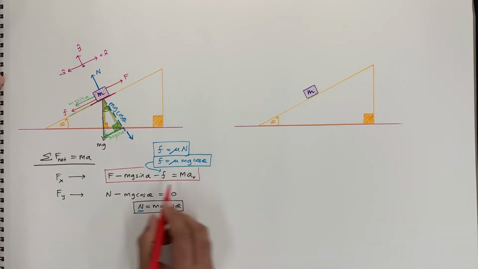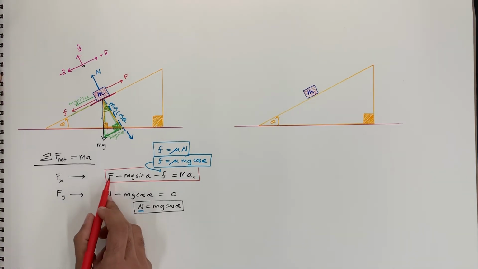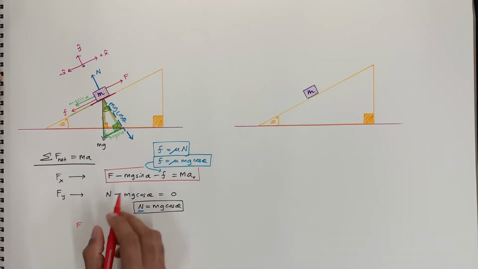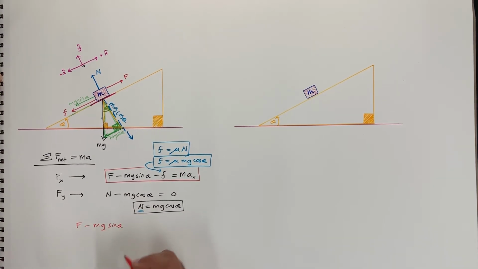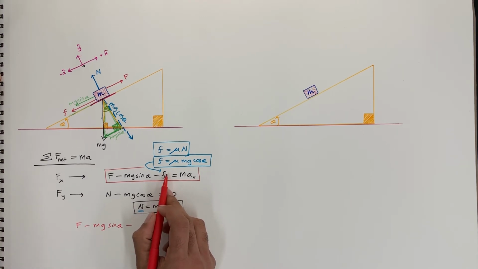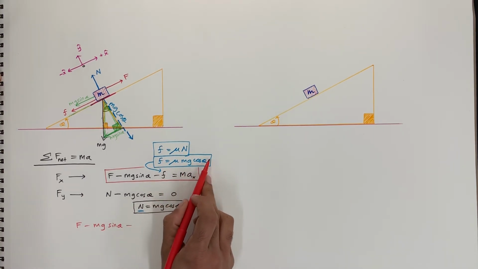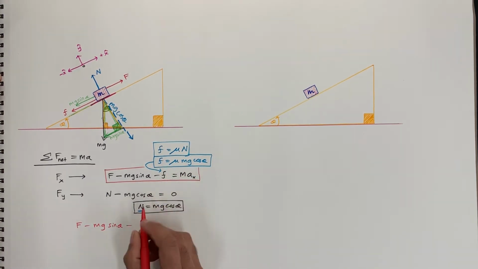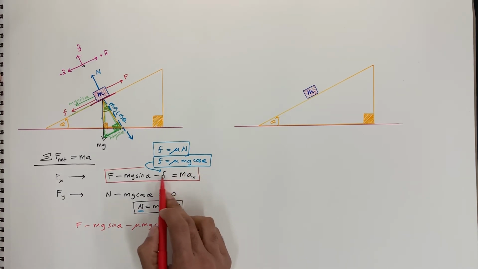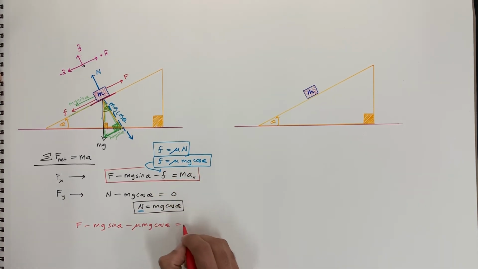All right, so we're going to rewrite that here. And we have force minus mg sine theta minus, now the frictional force is this entire thing in here, so minus mu mg cosine theta, okay, and then equal to m and acceleration in the x direction.